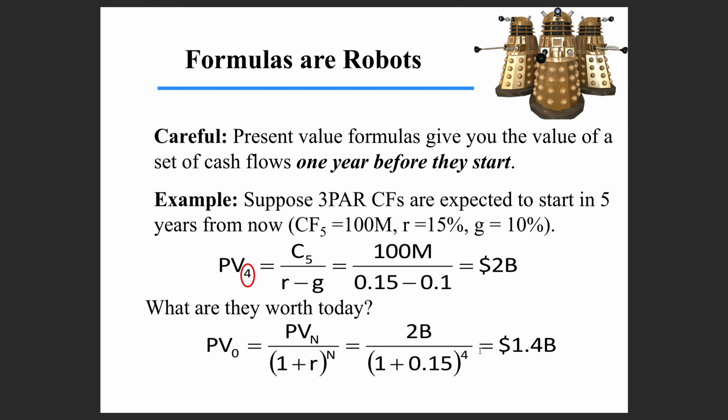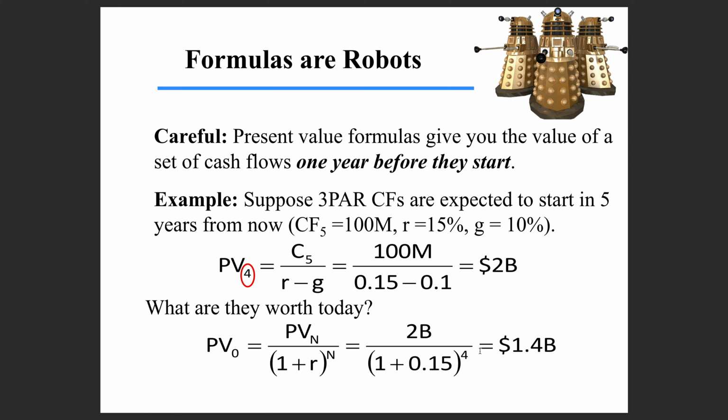So if your cash flow starts at time 1 and you apply the formula without any adjustments, you will find present value at time 0. But what if your cash flow starts in year 5, as in the next example?